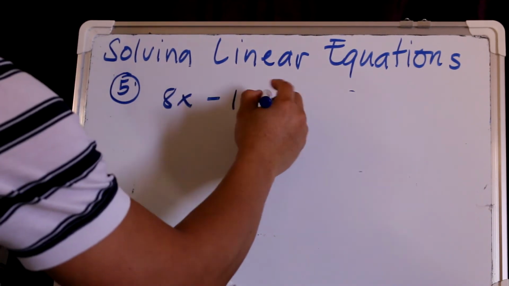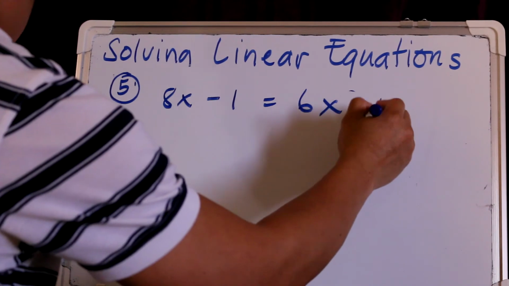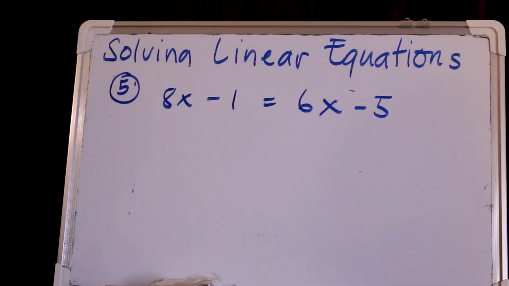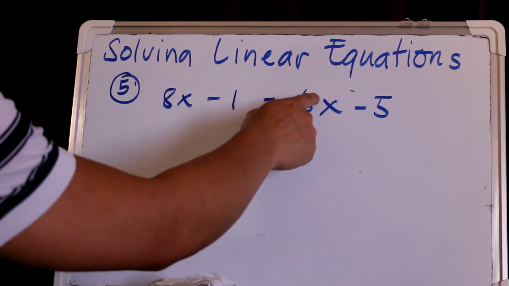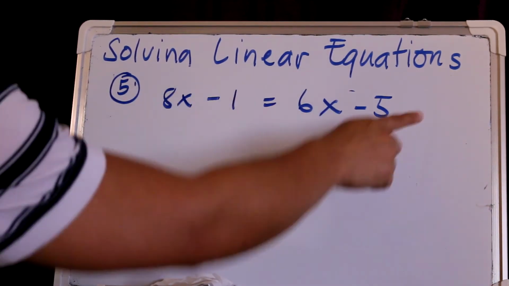Okay, 8x minus 1 equals 6x minus 5. It's quite complicated, huh? So what we're going to do here is to combine like terms. We can transfer this x to this side and then this one to the other side.